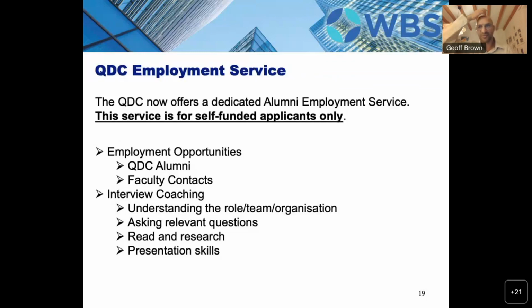So I think I've spoken already quite a lot about the employment service, but it is underlined there. This service is for self-funded applicants only. So if you're sponsored, for those of you who joined us late, if you're sponsored through this program by your organization, whether 10%, 20%, 100%, you cannot be helped by us at all.